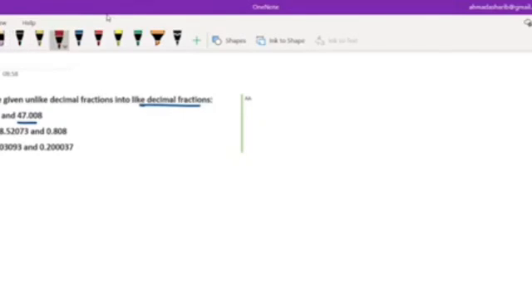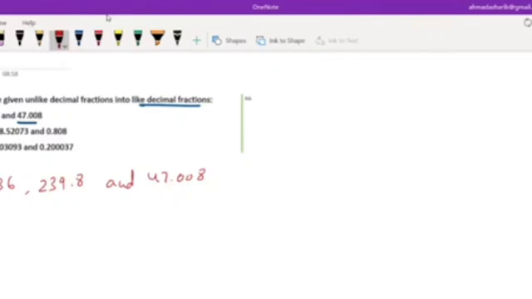So now let us do the first part, in which the question is 1.36, 239.8 and 47.008. Now you have to convert these three decimal numbers into like decimal fractions.